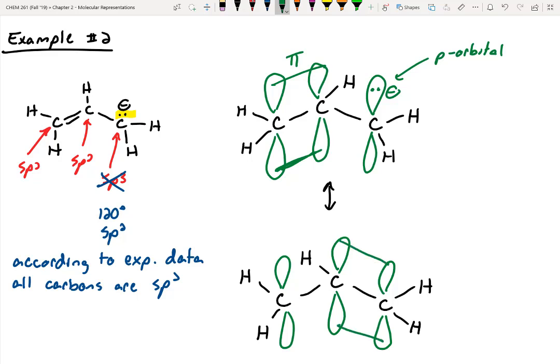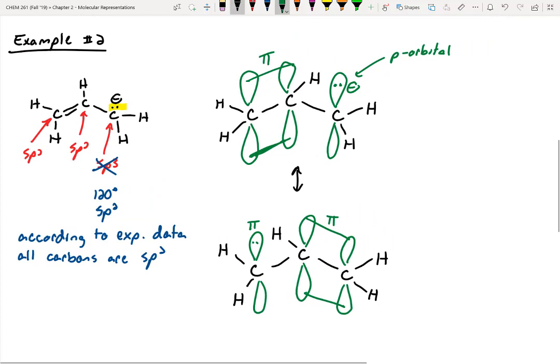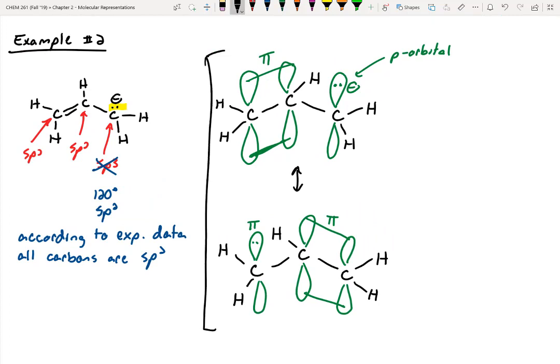But now the pi bond would be between the two right-hand atoms, and then the lone pair could migrate all the way over to the right-hand side. So these would be a pair of resonance structures. All right? It's a little bit tricky and confusing, right? I know this gets very abstract, so what we're going to do is, whoops, that's not a pi, this should be a negative.